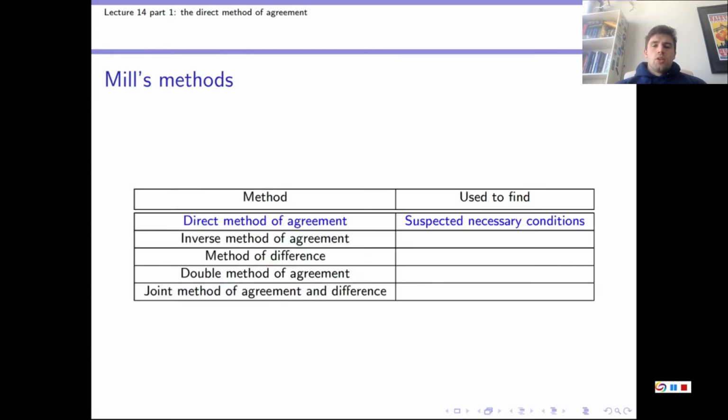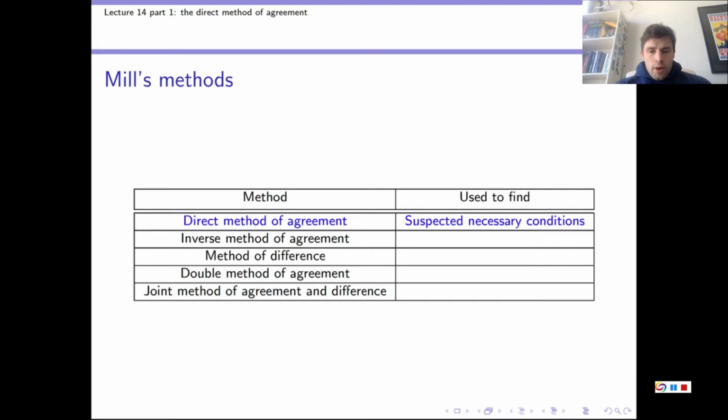So in this video we'll look at the direct method of agreement, which is in blue up there, and we'll apply it to some examples. The next 2 methods will be covered in the next 2 videos respectively, and the last 2 methods will be covered together in the 4th video in this little mini-series on Mill's methods.